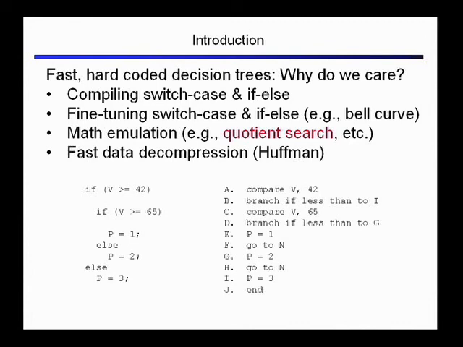And if you know the probability of your quotient, then you can tailor that to that particular distribution. Finally, a particular application that I'm especially interested in is that of fast data decompression. If you want to have fast compression and decompression, one way of doing that is Huffman coding.